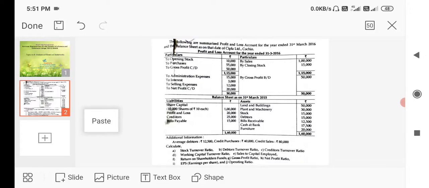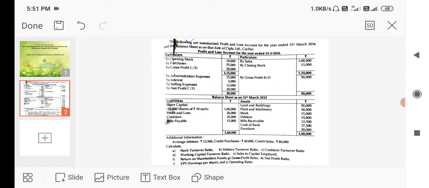Then calculate stock turnover ratio, debtors turnover ratio, creditors turnover ratio, working capital turnover ratio, sales to capital employed, return on shareholders fund, gross profit ratio, net profit ratio, earning per share and operating ratio.